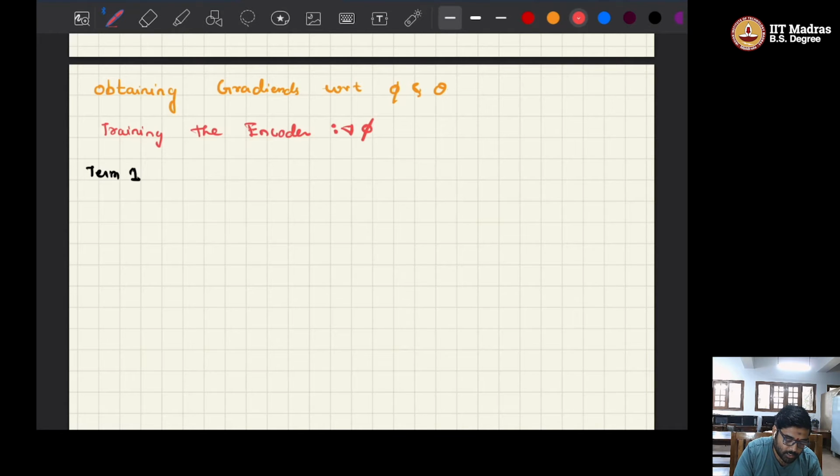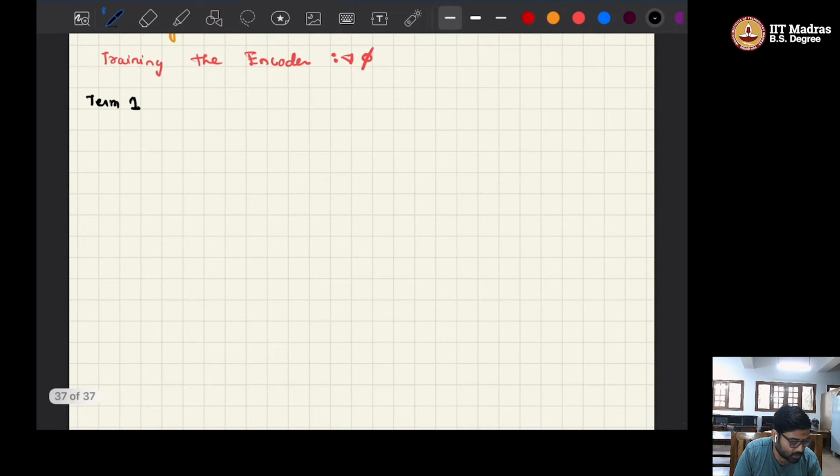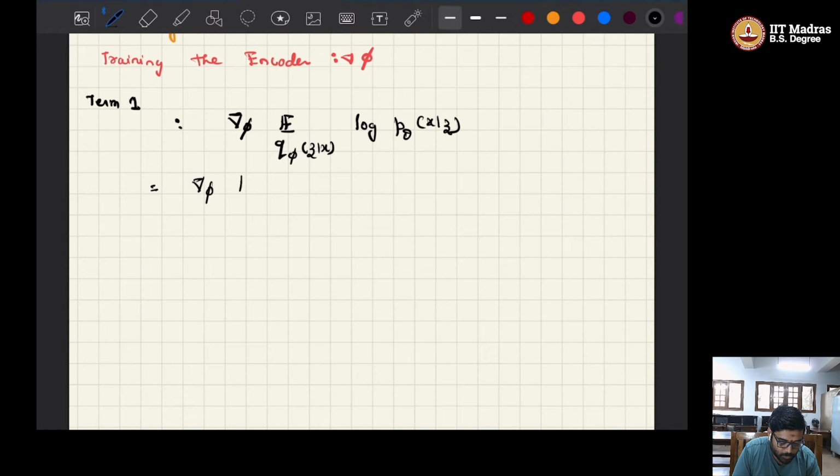The term 1 that we want is the gradient with respect to phi of the expectation with respect to the variational latent posterior q phi of z given x of log of p theta of x given z, and then we know that via reparameterization it will become the expectation with respect to p epsilon of log of p theta of x given g of epsilon.